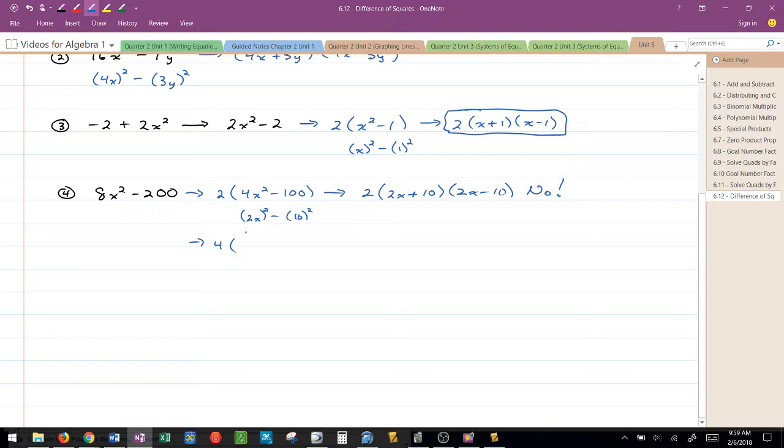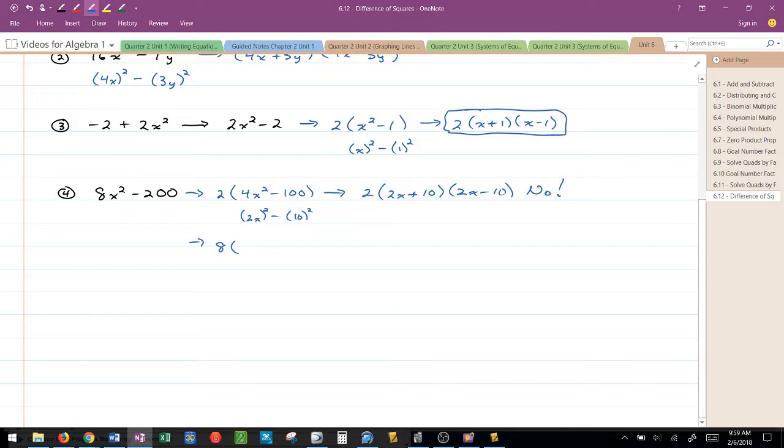So if I pull the 4 out, let's see what's left. I get 2x squared minus 50. Oh, that doesn't work because I don't know 2x squared. So maybe I missed something else there. What if I factor an 8 out?